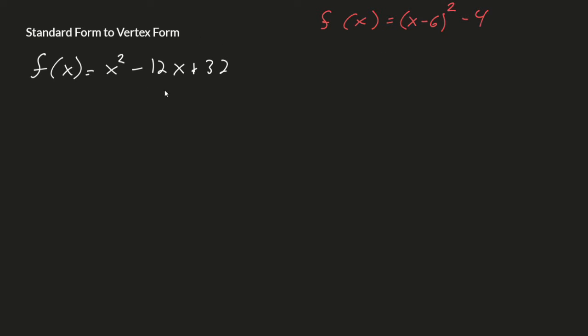We're looking to convert from this standard form to this vertex form. And as I mentioned, the way we accomplish this is using something called completing the square. The way we accomplish this is using (b/2) squared.